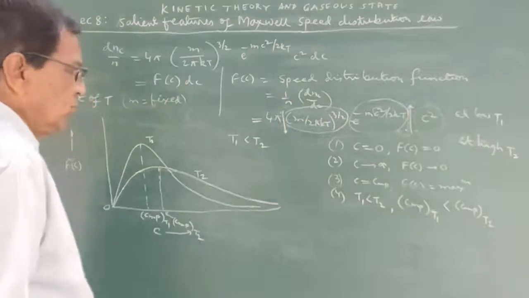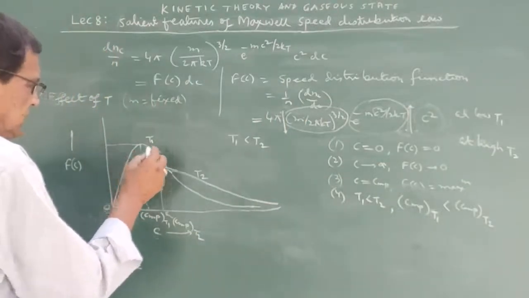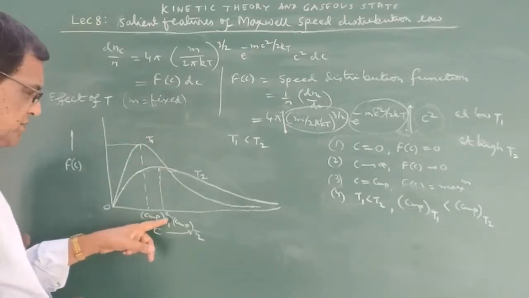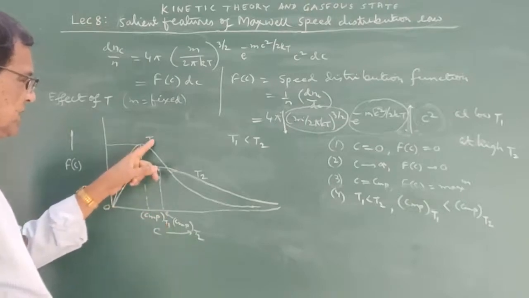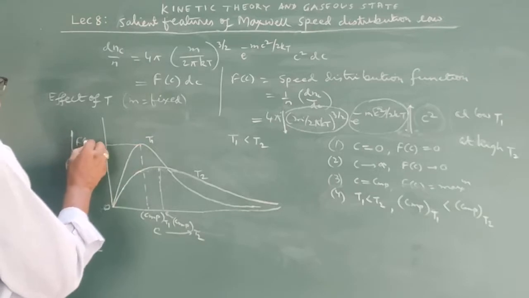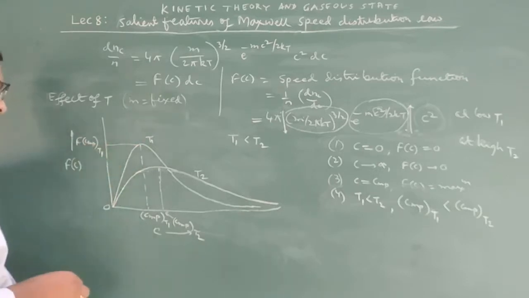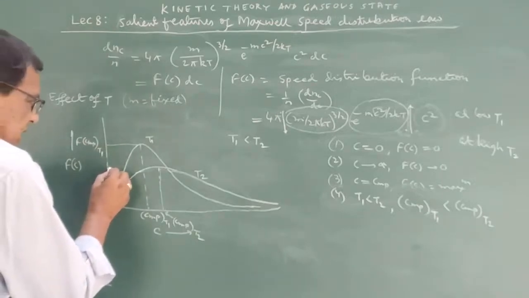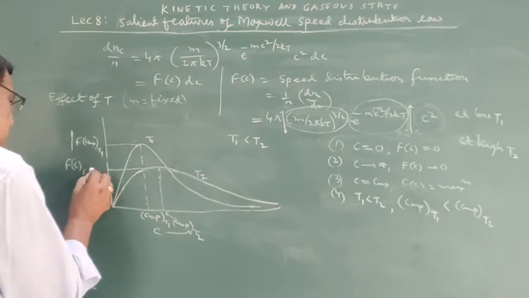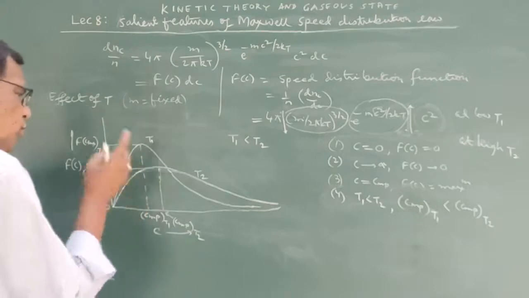Another thing you may notice here, the fraction of the molecules having this speed CMP at this temperature T1 is high. So it is FCMP at this temperature T1, but here at this high temperature T2 it is lower.